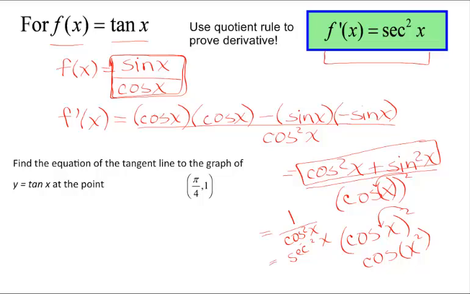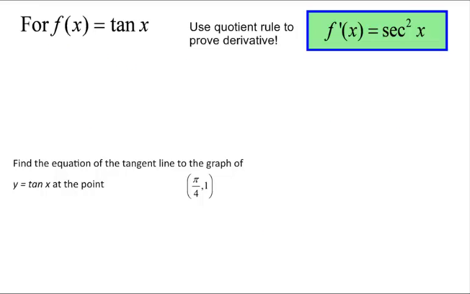Let's use the fact that we know the derivative of tangent is secant squared of x to work this example. Find the equation of the tangent line to the graph of y equals the tangent of x at the point pi over 4, 1.